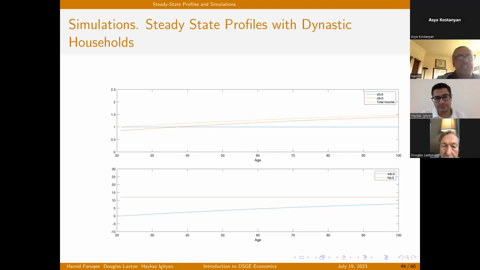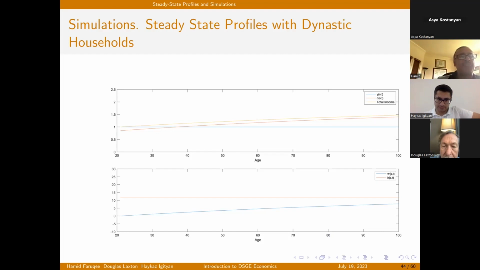So this just shows you some of the features that I mentioned before, where we're assuming labor income, that blue line is horizontal, but you can see in the model in steady state, the behavior of asset accumulation and total income will be on a rising profile, as will consumption.